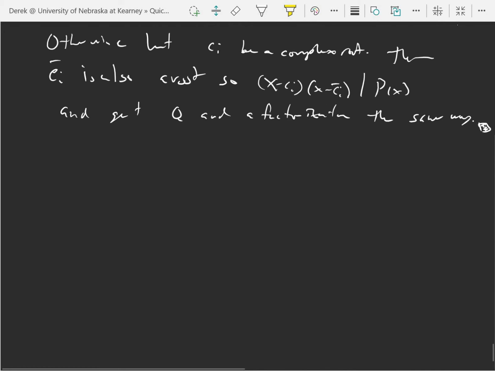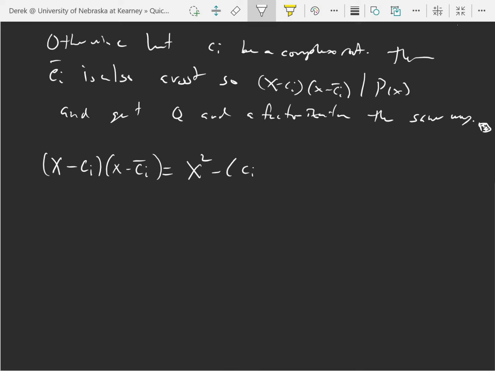Okay. Why does this let me factor into quadratic factors with real coefficients? Well, x minus c_i times x minus c_i bar is equal to x squared minus (c_i plus c_i bar) x plus c_i c_i bar.